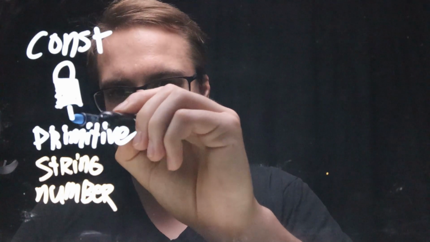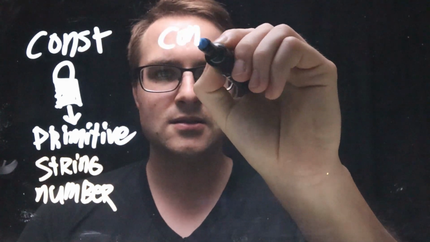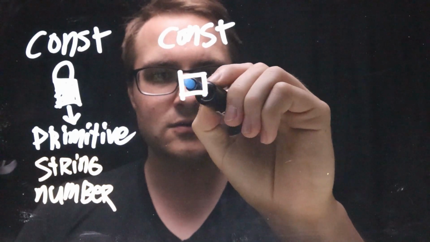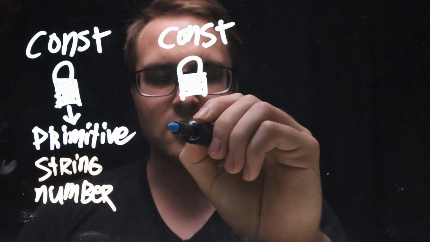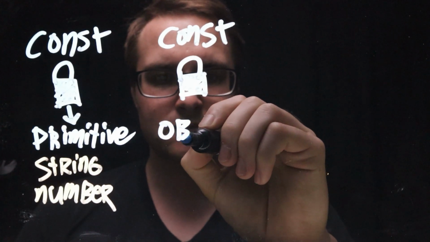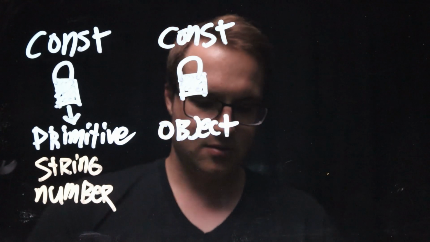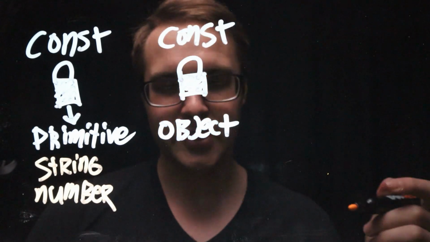So that first level. But const will lock the first level of an object. And that's basically everything else in JavaScript is an object.